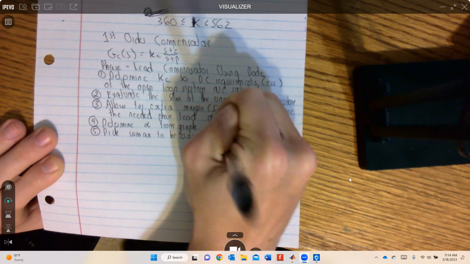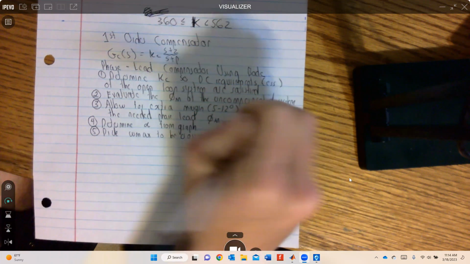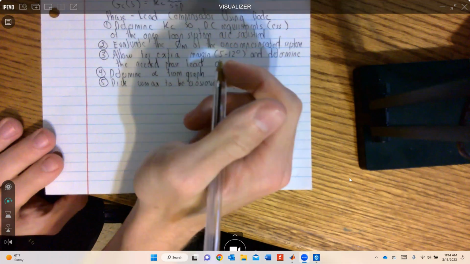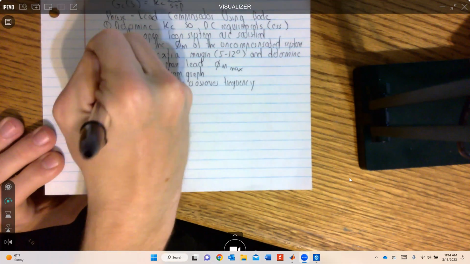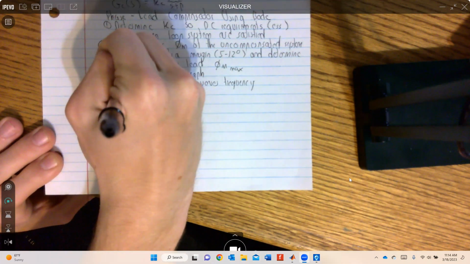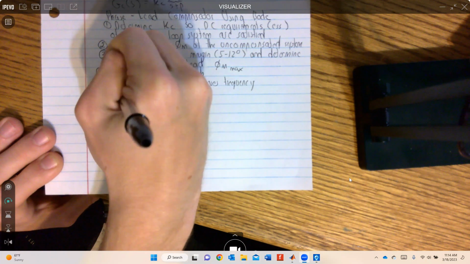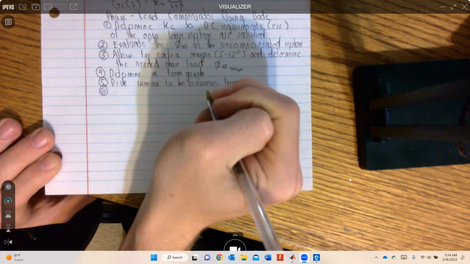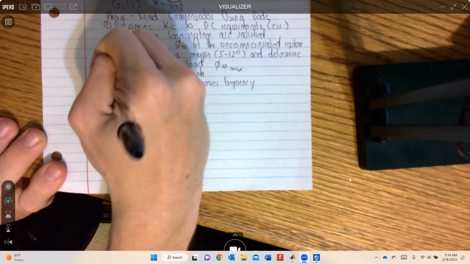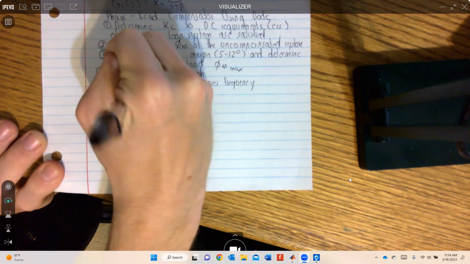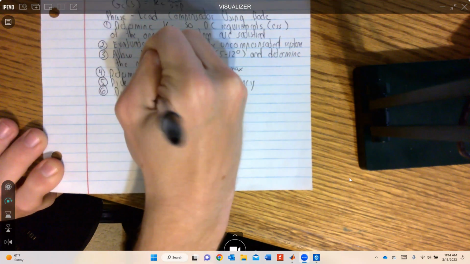After that, we draw a new Bode plot to check the compensator. Basically you draw the Bode plot for the compensated response.